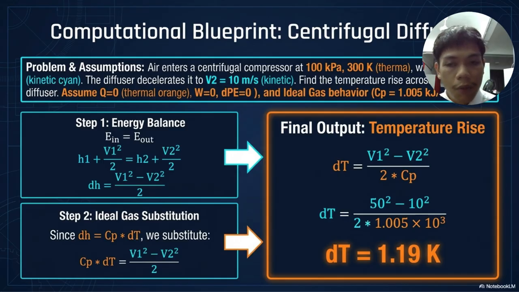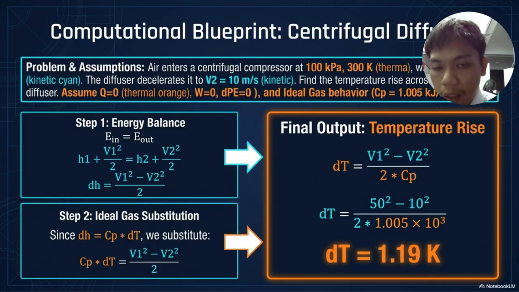For the ideal gas behavior, we have Cp, constant pressure, of 1.005 kilojoule per kg Kelvin. First step, we use the energy balance formula. E in is equal to E out. Out of it, we are left with H1 plus V1 squared over 2 equal to H2 plus V2 squared over 2.